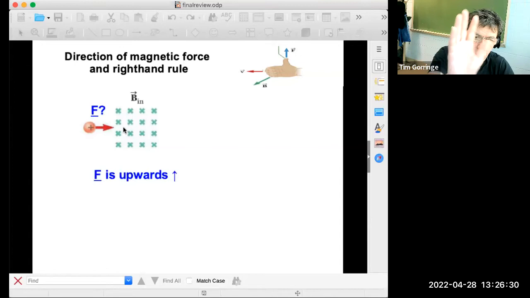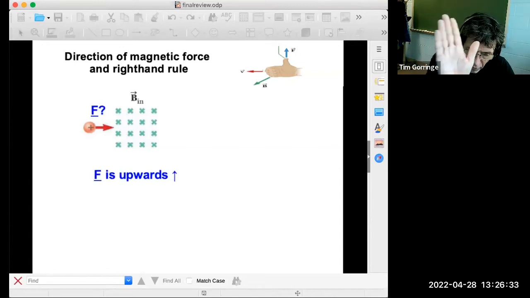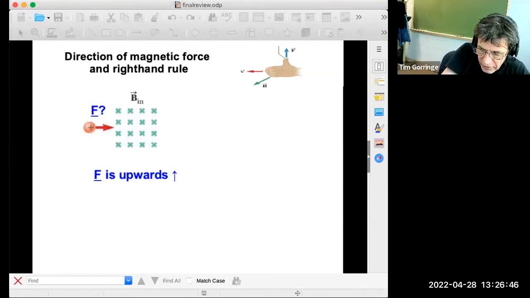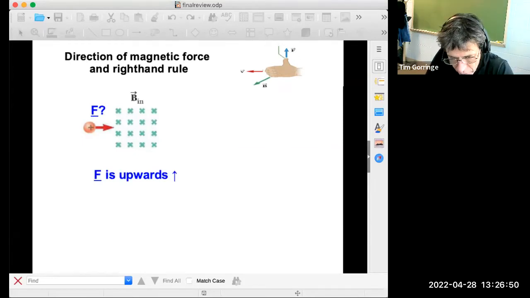So this is a case of the right-hand rule. I will point the palm of my hand in the direction of the motion of the positive charge. I'll curl my fingers in the direction of the field that's into the screen. And my thumb is now pointing upwards on this page.